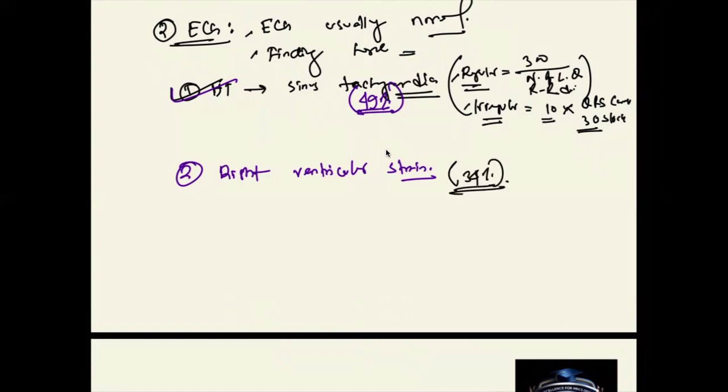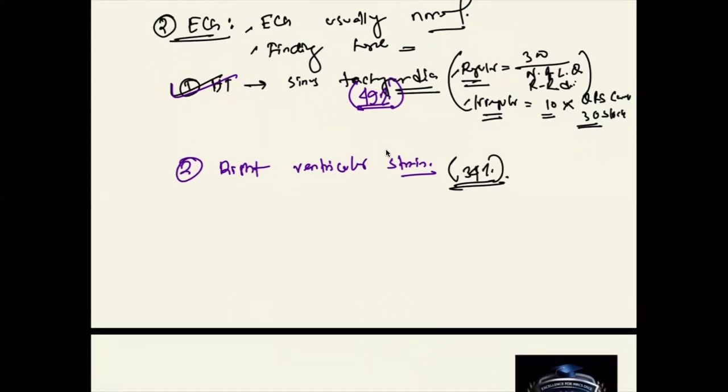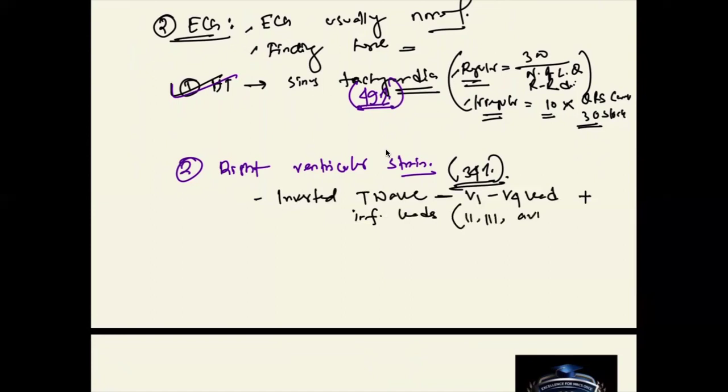What does right ventricular strain represent? Always remember there is presence of inverted T wave in leads V1 to V4 plus the inferior leads. What are the inferior leads? 2, 3 and aVF.